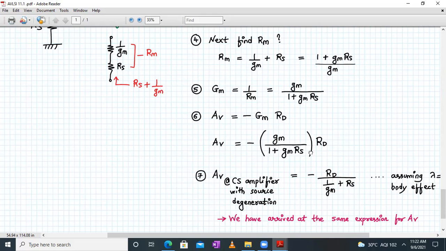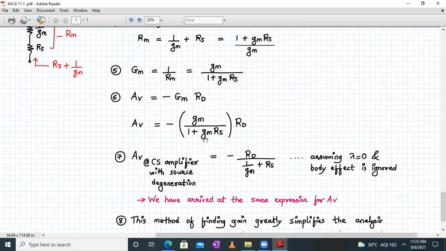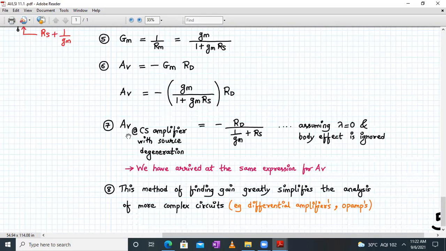If we divide both numerator and denominator by gm, AV of the CS amplifier with source degeneration equals minus RD divided by 1 upon gm plus RS, which is the same formula we derived earlier. This assumes lambda equals 0 and the body effect is ignored. That is a very crude assumption; the body effect shouldn't be ignored, but here, for simplicity and for using the lemma, we are doing so.